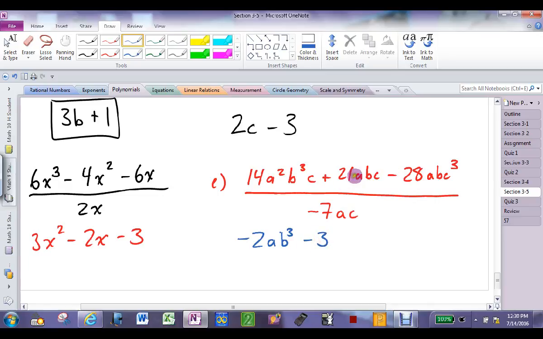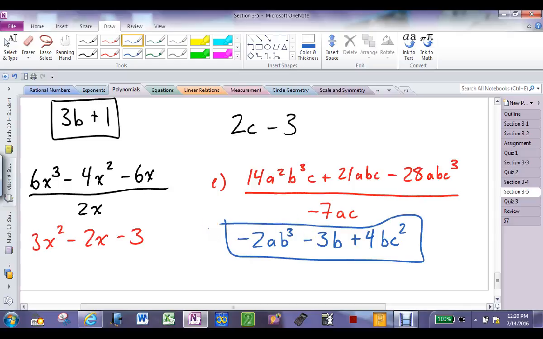A on the top, A on the bottom, they're gone. So negative 3b. Minus 4. No, positive, plus 4 b c cubed squared.